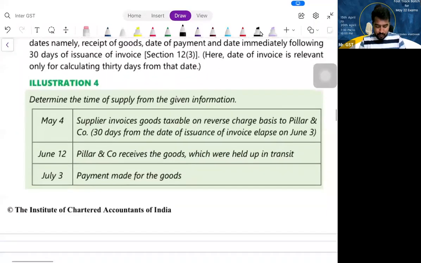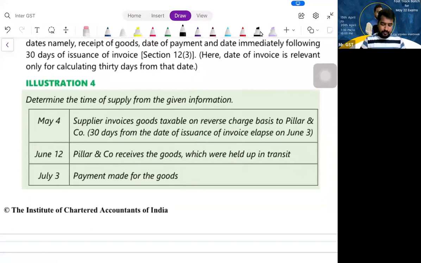One second. So look at illustration 4 and tell me what the answer is. Then I'll give you time to copy the provision of section 12, subsection 3. First tell me the answer for illustration 4.